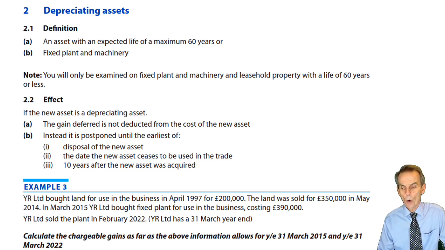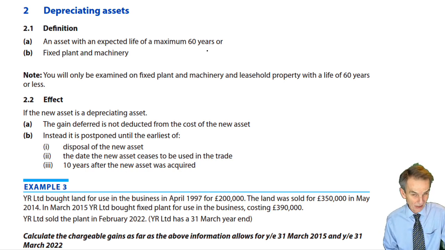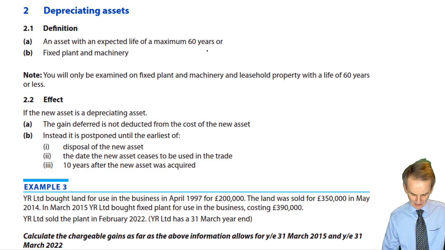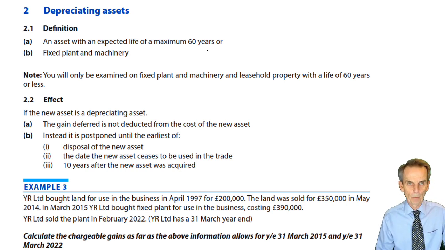Fixed plant and machinery will be here a depreciating asset. The definition of depreciating is one with a life of no more than 60 years, so if we are talking about a leasehold property, a lease that we've acquired of less than 60 years, then these are depreciating assets.